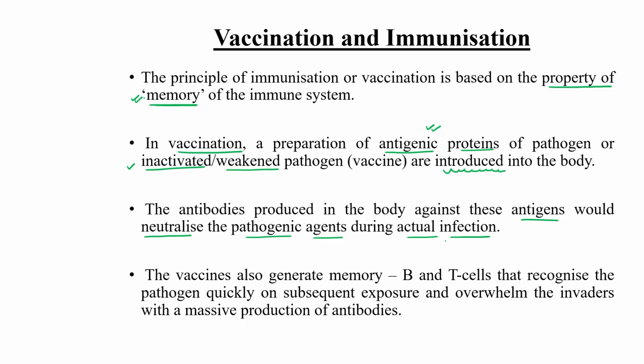So this is the principle of vaccination. Vaccines also generate memory B cells and memory T cells that recognize the pathogen quickly on subsequent exposure and overwhelm the invader with a massive production of antibody.